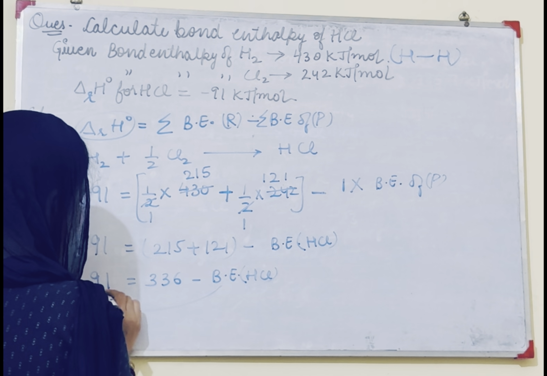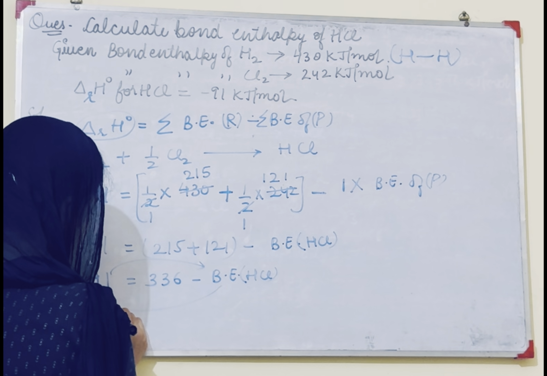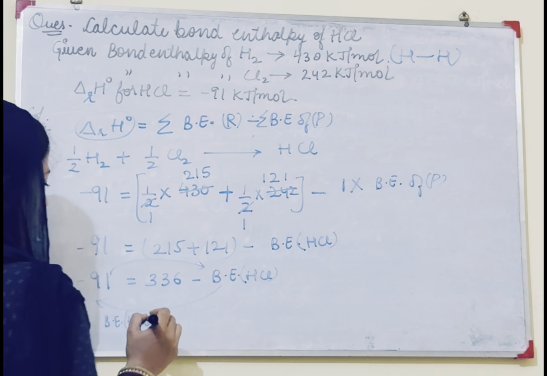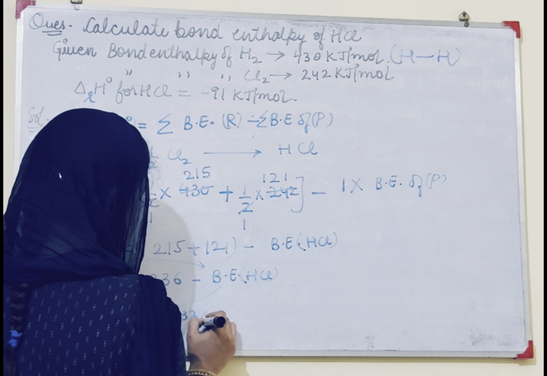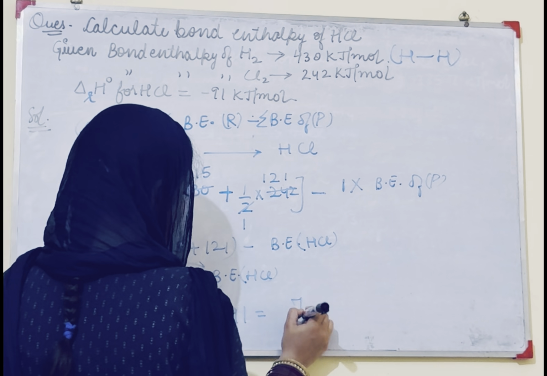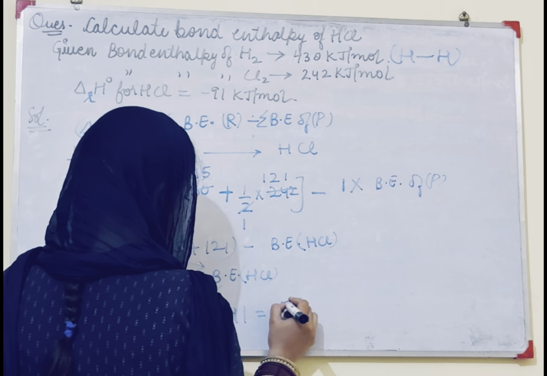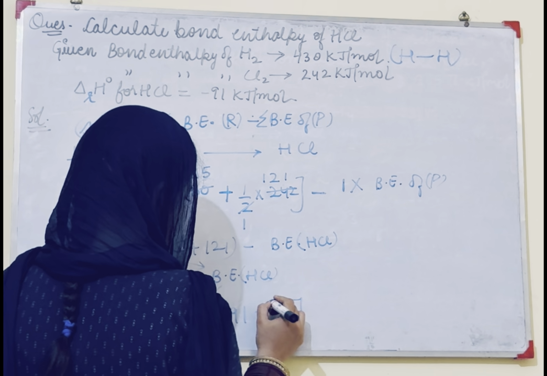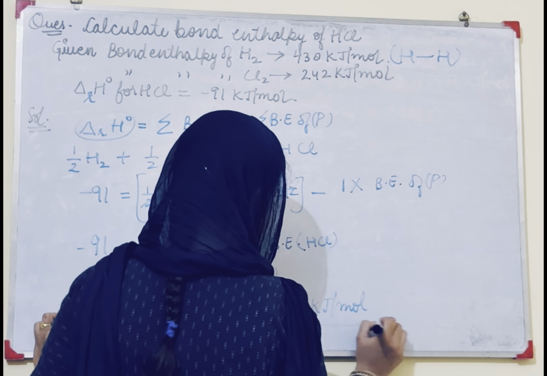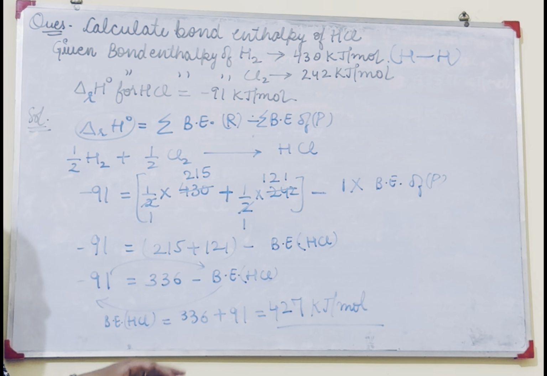If we move this here and this here, what you will get? Bond energy of HCl will be equals to 336 plus 91, which is 427 kilojoule per mole. This will be your final answer.